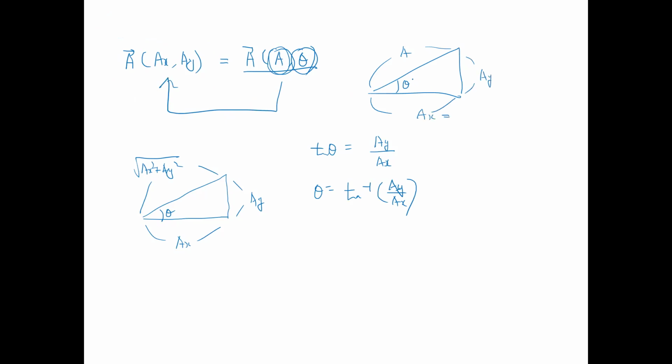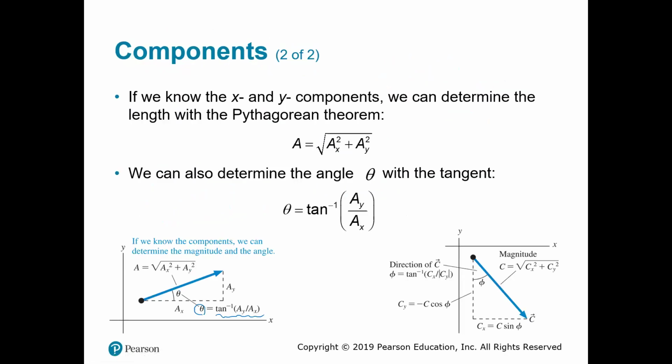This is hypotenuse times adjacent, so it's A cosine theta. This is hypotenuse times opposite, so A sine theta. So basically you can move back and forth whenever you need it. This is how you convert AX, AY information to A, theta information.